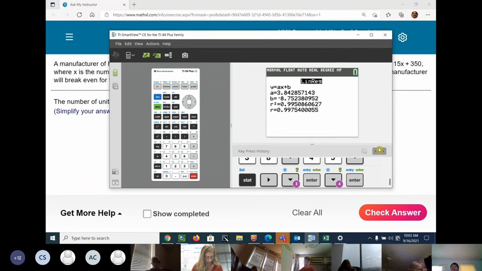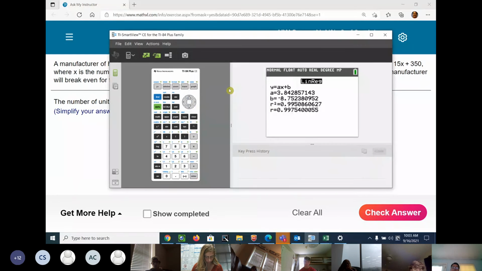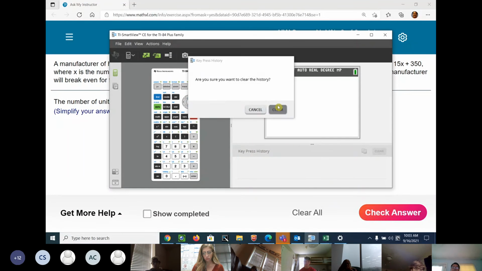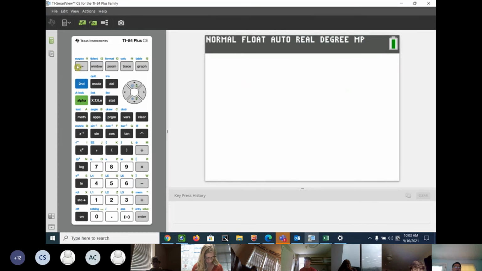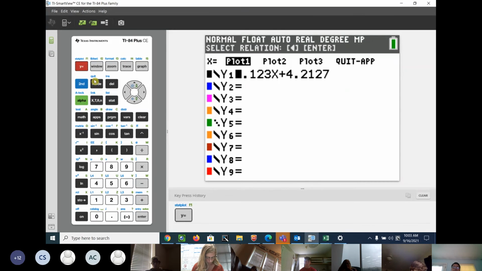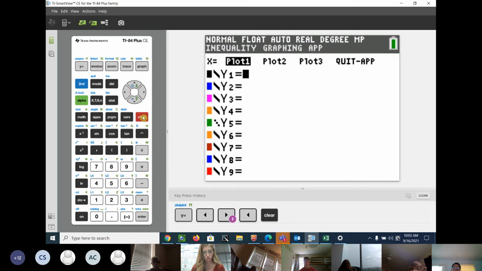So I'm going to clear everything. And I'm going to do y equals, and I'm going to use different colors. I'm going to clear this, and I'm going to go down to the blue. And that's going to be 17.5x.